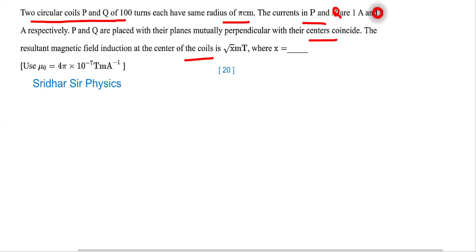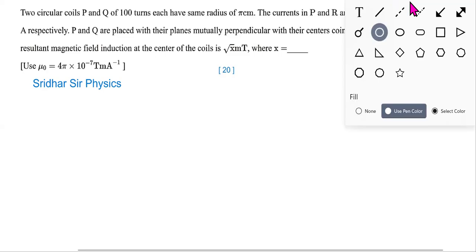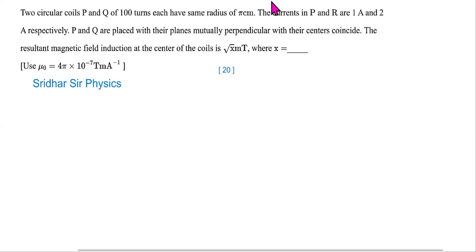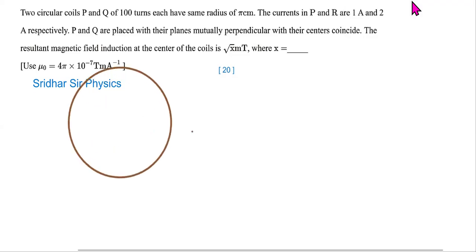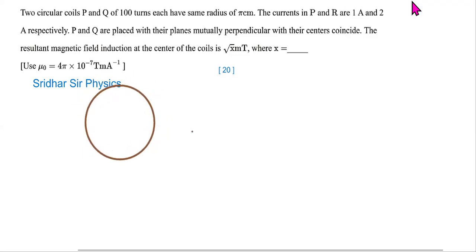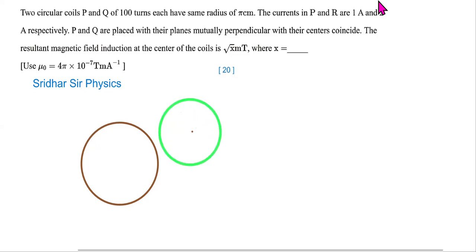So I'm having here two coils. This is one coil, having the same radius. There's another coil, I'll draw it.